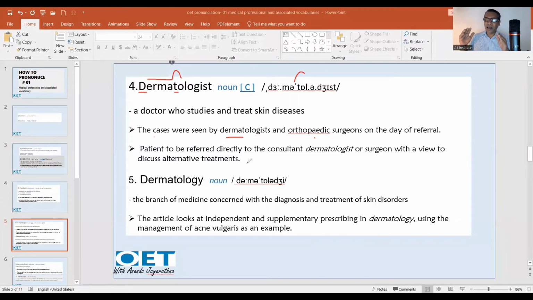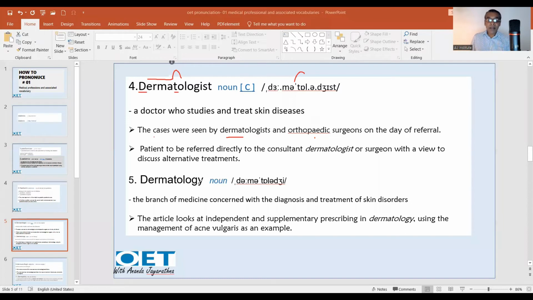You can read them out at a slow pace, as I said earlier, to improve your pronunciation.